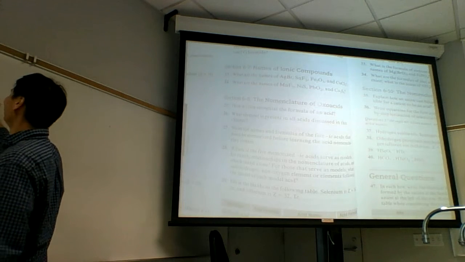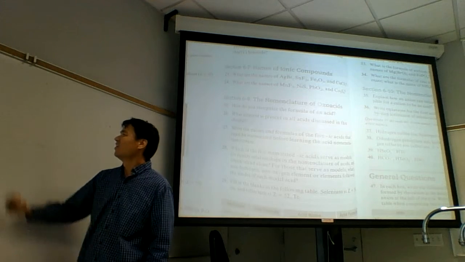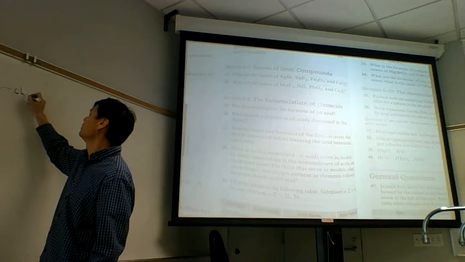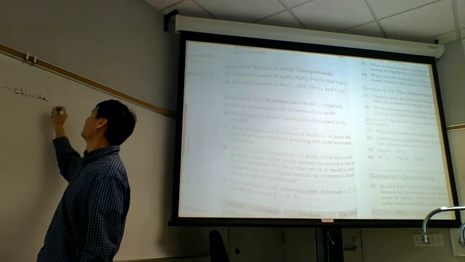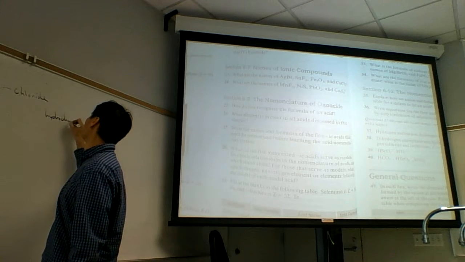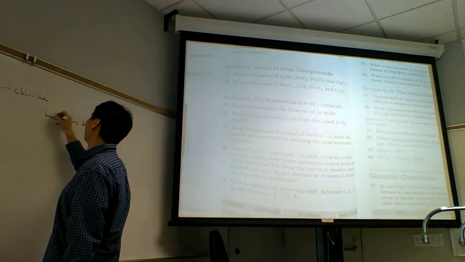The classic example would be something like HCl. How would you name this? Well, we have the chloride, so that's chloride, and therefore we call it hydrochloric acid. Hydrochloric acid.